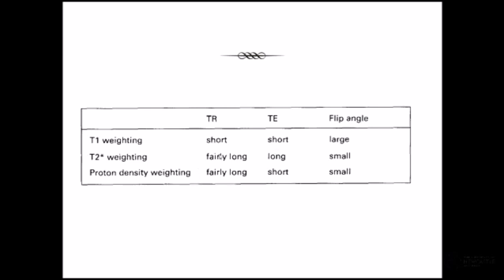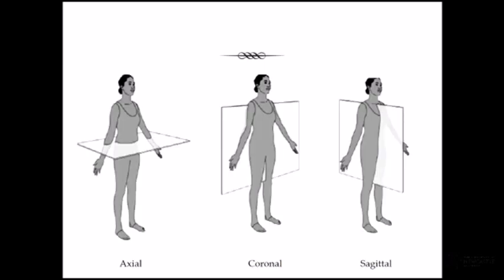Okay, a longer TR, a long TE, a long TR, short TE, but this time we can also help that weighting by manipulating the flip angle. So that's that excitation flip angle. Any questions? Just remember, they're the two main sequences that you will encounter.